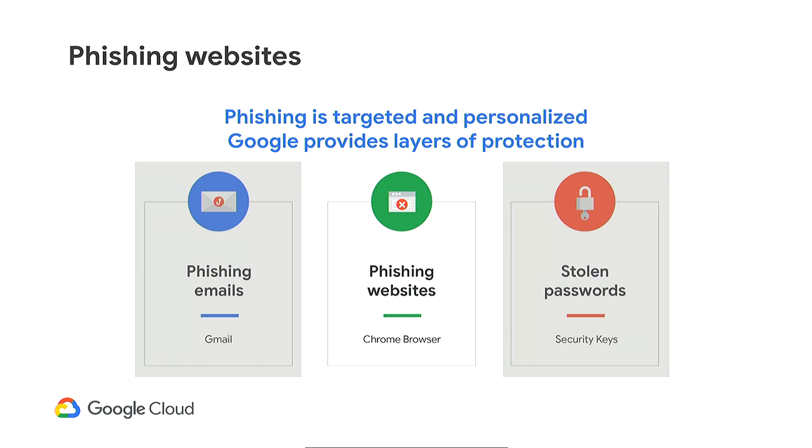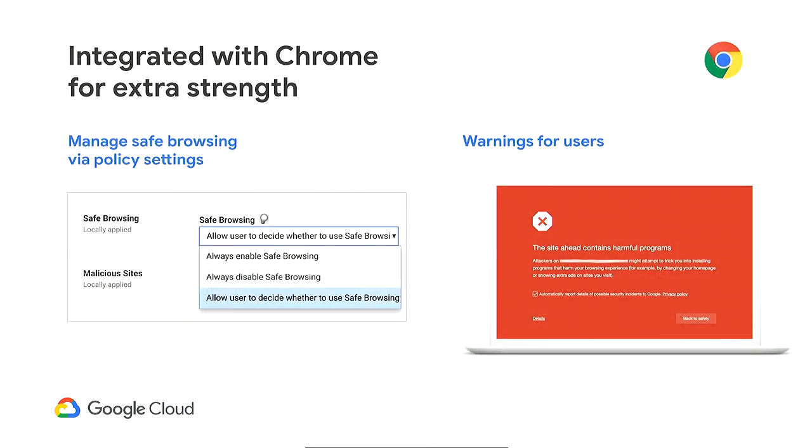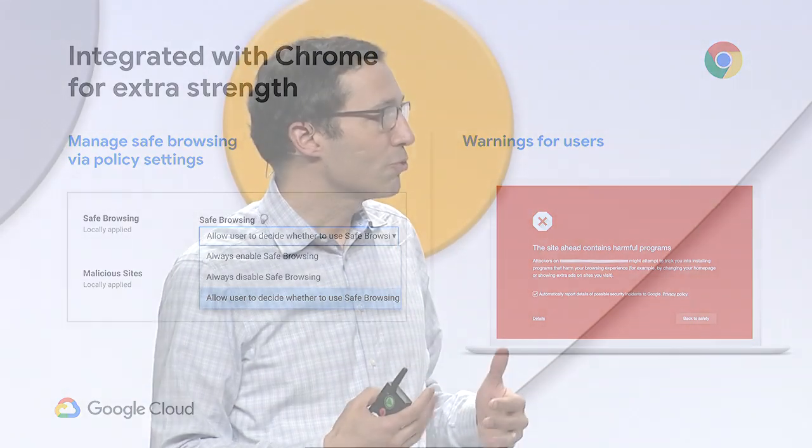So in Chrome, what consumers see today is that when you get to a page that is known by Chrome and Safe Browsing to be malicious, there is a page that warns the user. It's available for consumers as well, but as a consumer, you still have the ability to go further.